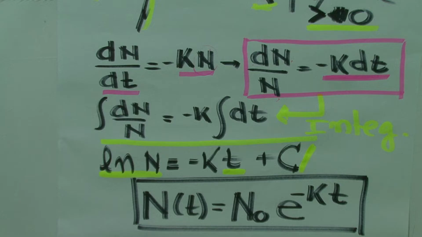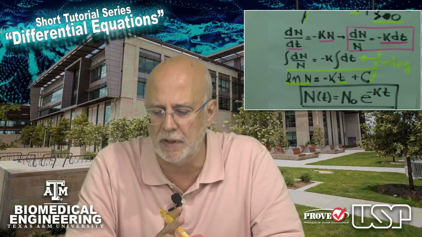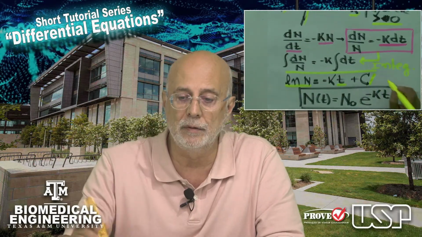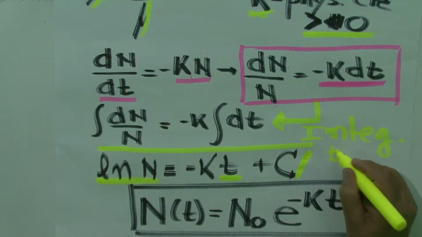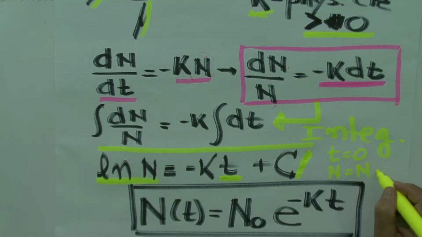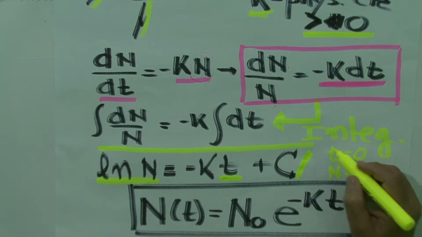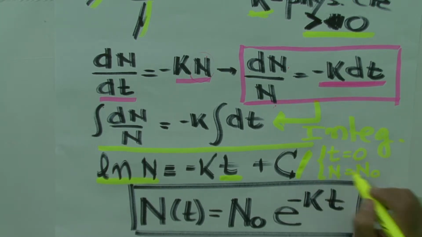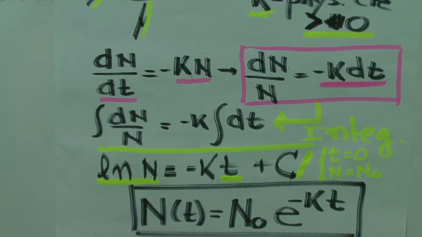Right? But I have one condition. The condition I have is that at t equal to 0, n equals n0. This is a very important boundary condition, an initial condition. So if I make t equal to 0, the number is n0.